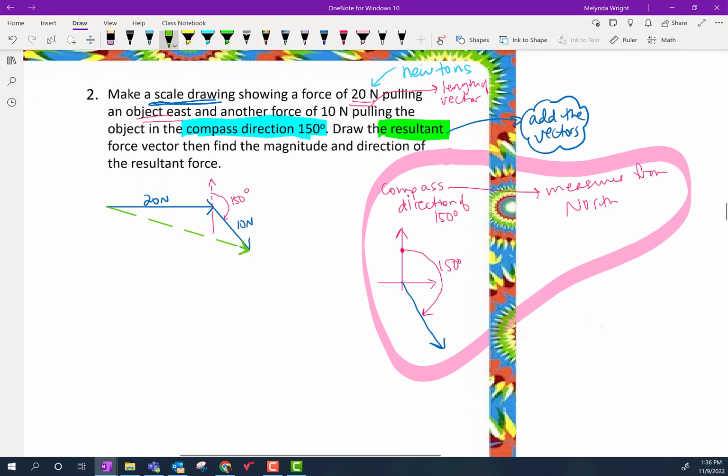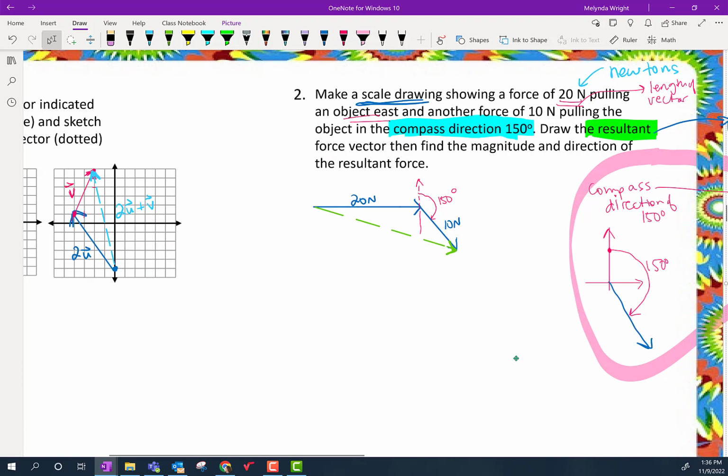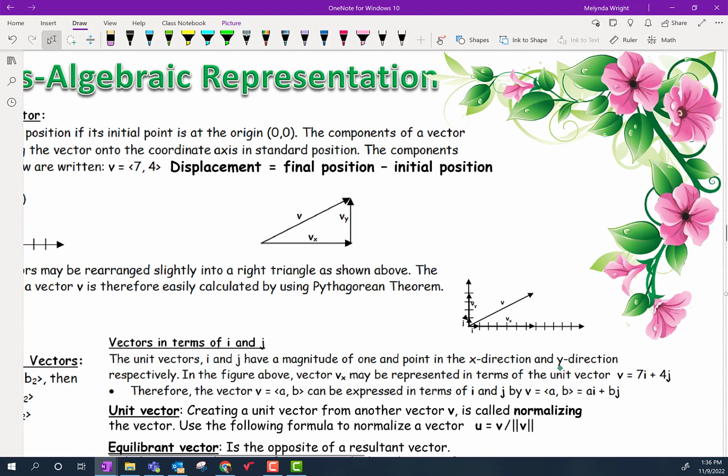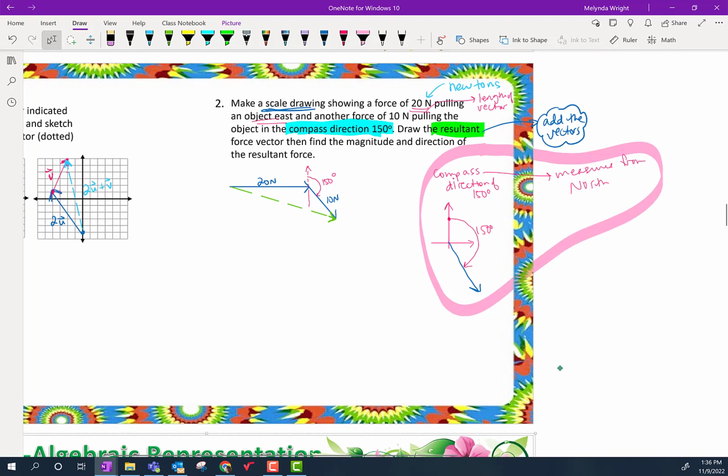What they want us to do is find the magnitude and direction, and it's so great being on the computer because I can copy. Let me just say that when I try to draw all over the picture that I've just created, I usually mess it up.